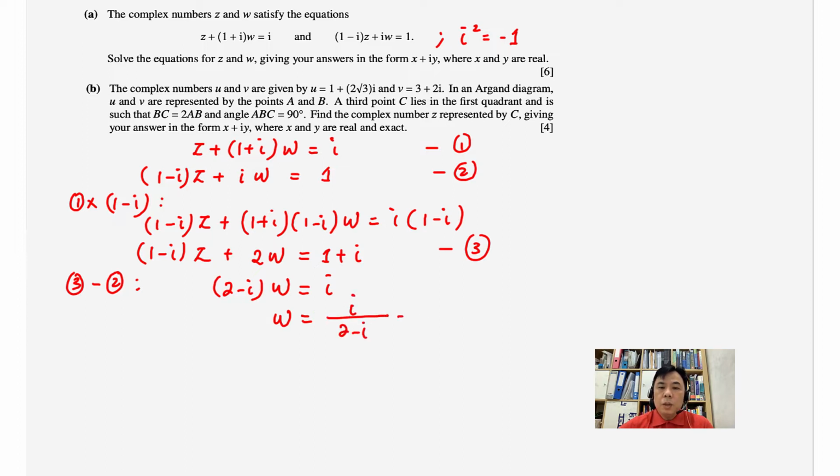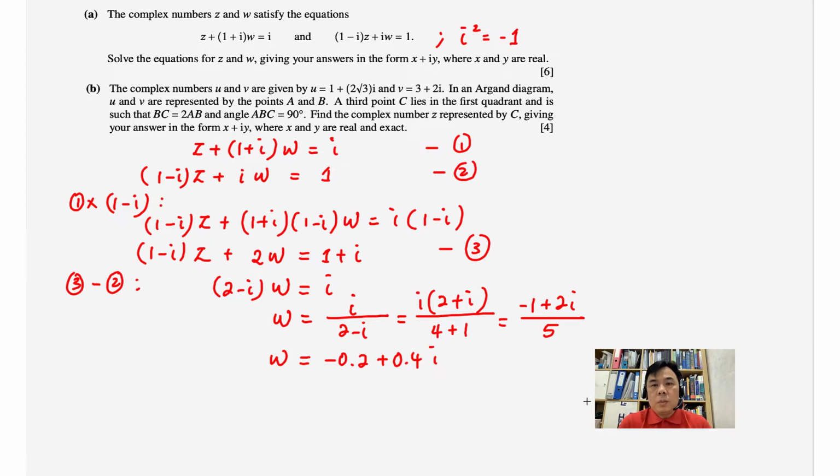Don't forget we need to rationalize this with its complex conjugate, and that will be a 4 plus a 1 here. That would yield negative 1 plus 2i divided by 5. Or you can just write down w as negative 0.2 plus 0.4i. And then there you have it.